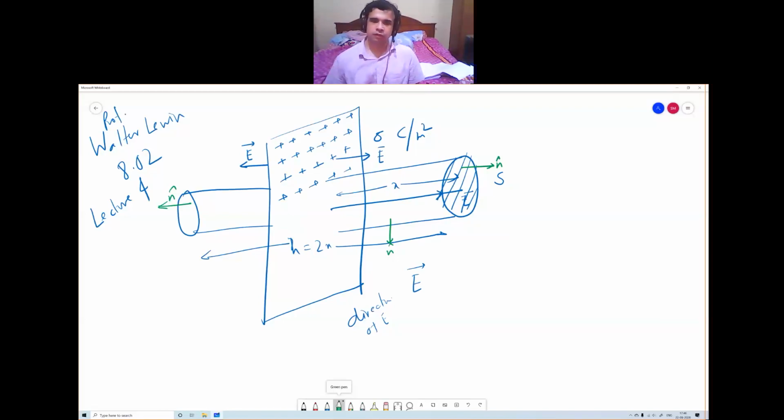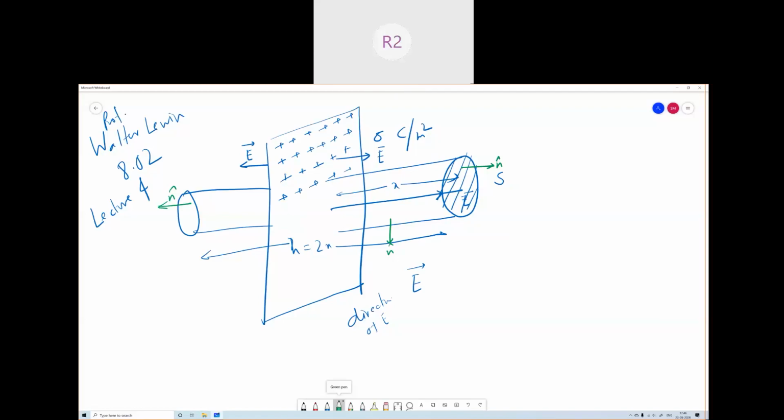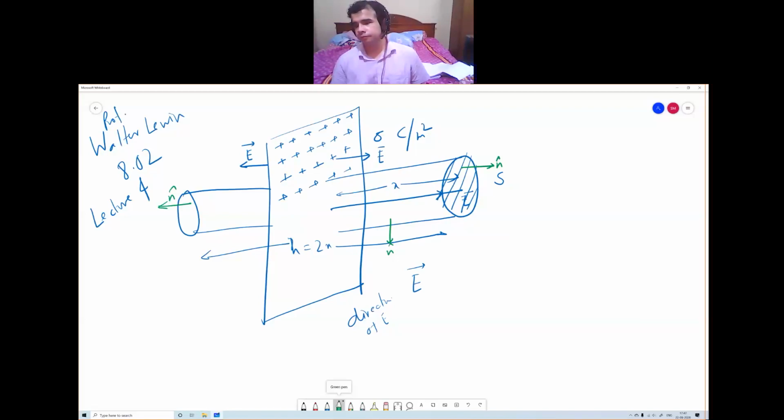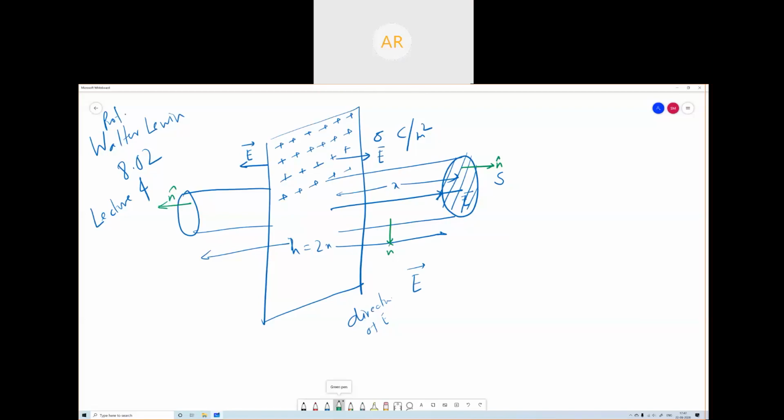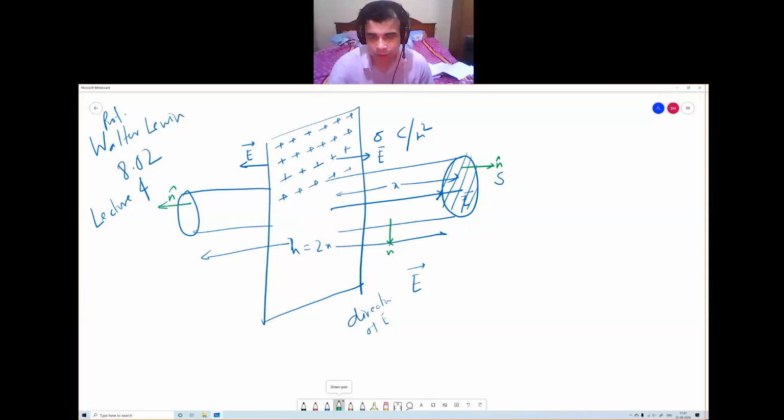Now E dot dS for the curved surface will be 0 because E and N are perpendicular. Is this point clear?